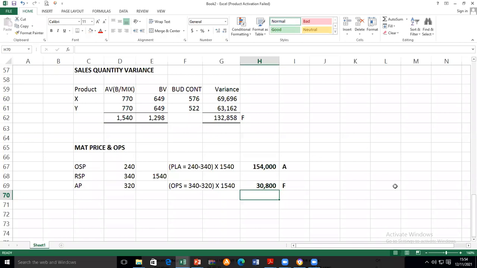There we are. I'm happy that you were able to figure out quickly the material price, material price operations, and planning variances.